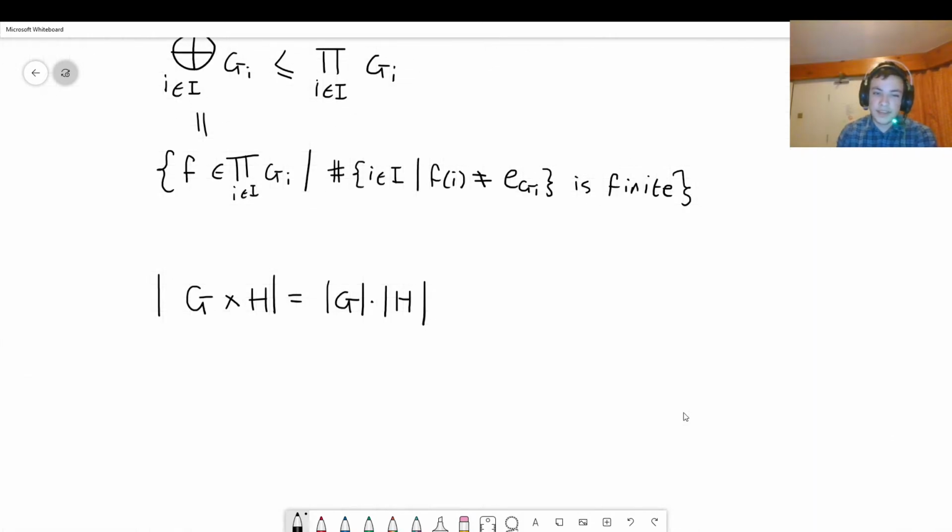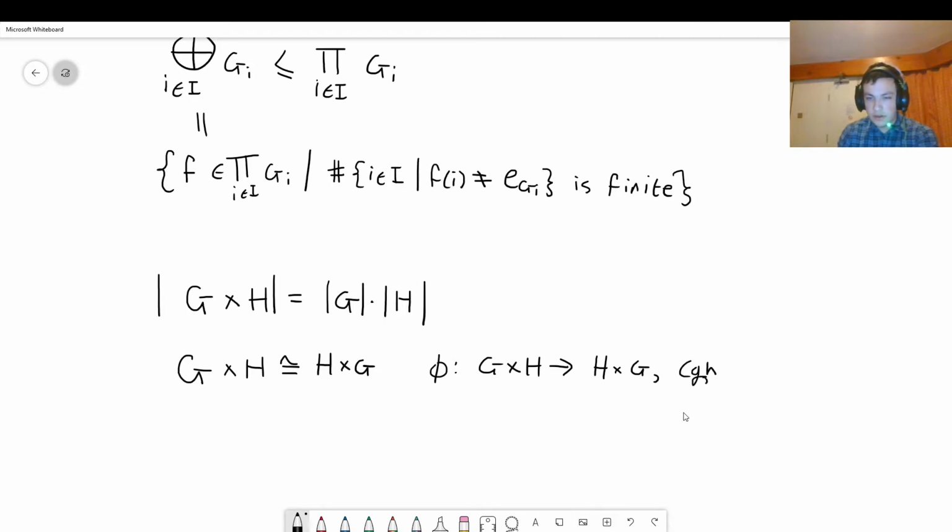We also have that the order of the groups doesn't actually matter, so G × H is isomorphic to H × G under the isomorphism φ from G × H to H × G, which maps (g, h) to (h, g). Okay, and this is called the transposition generally because we're swapping the elements.